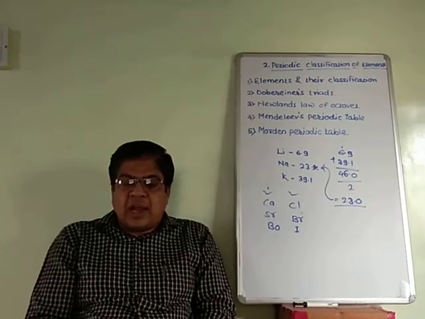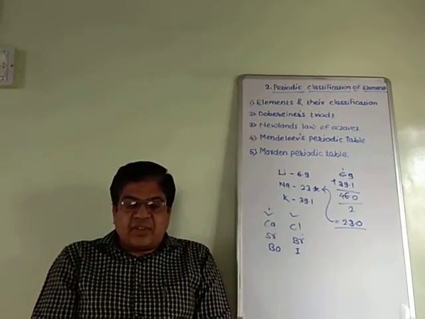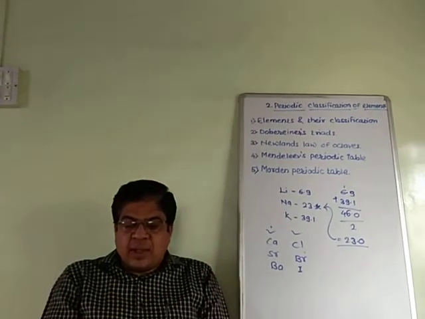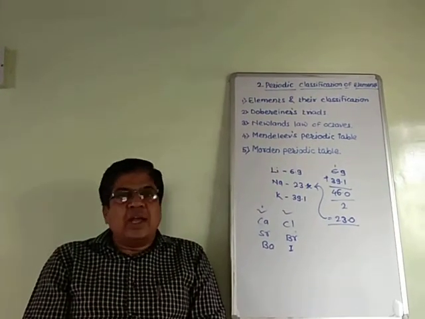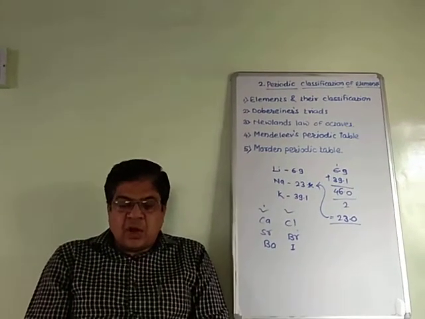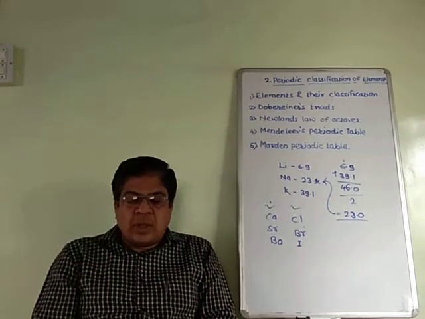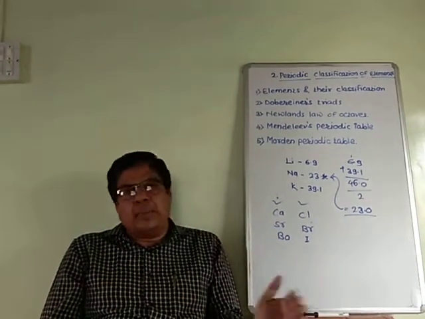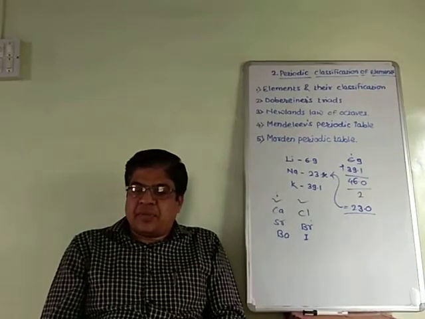This is called electronegativity. As a result, the tendency of an atom to lose valence electrons decreases within a period from left to right, and electronegativity increases. Thus, the non-metallic character of an element increases within a period from left to right. This is how we observe metallic and non-metallic character in the modern periodic table.